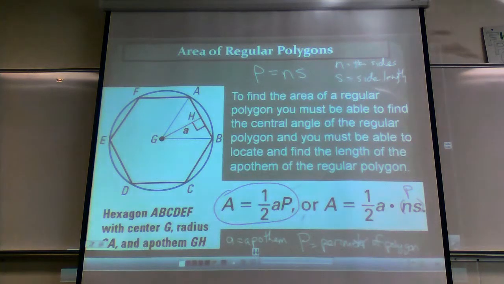I don't care which one you memorize or write down, as long as if you do the one on the left, 1/2 AP, make sure you write perimeter equals NS, or number of sides times side length, something to remind you of that. And this picture I just put up there is so you can rehash where that a is, your bottom part, even though you already have it drawn out if you did the other.